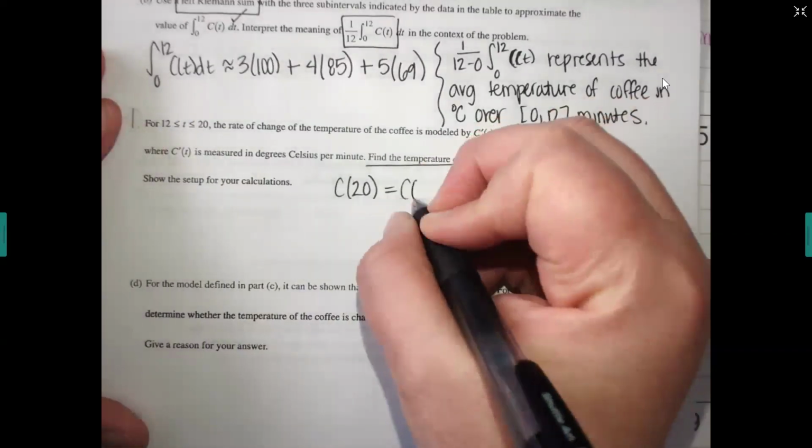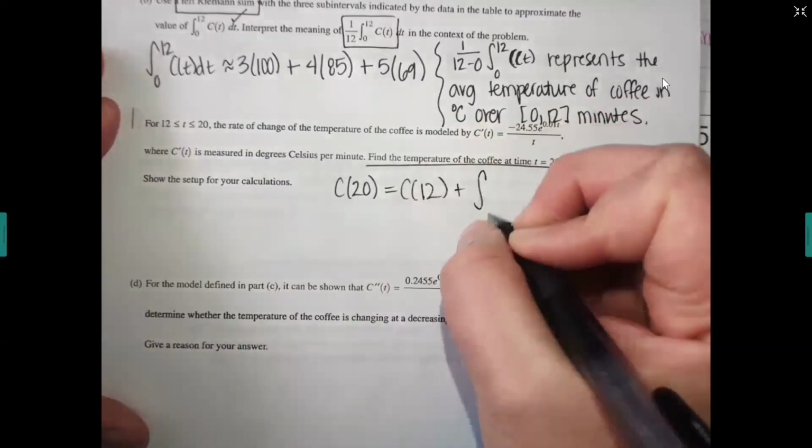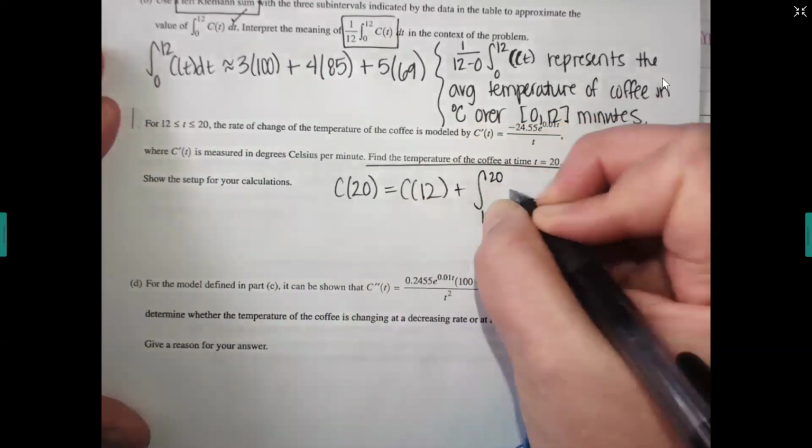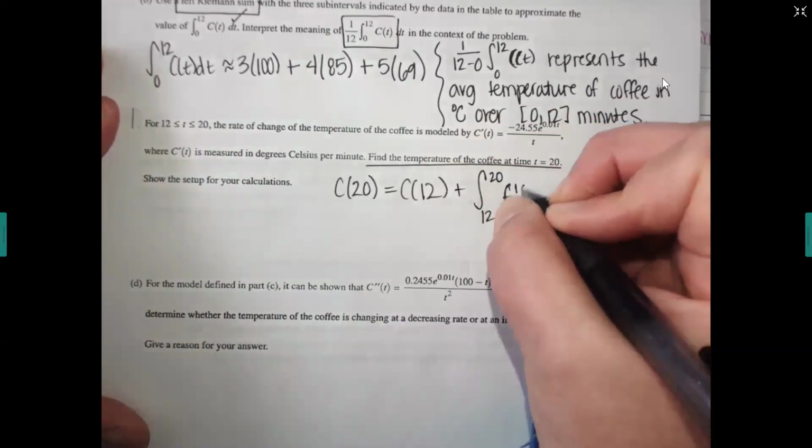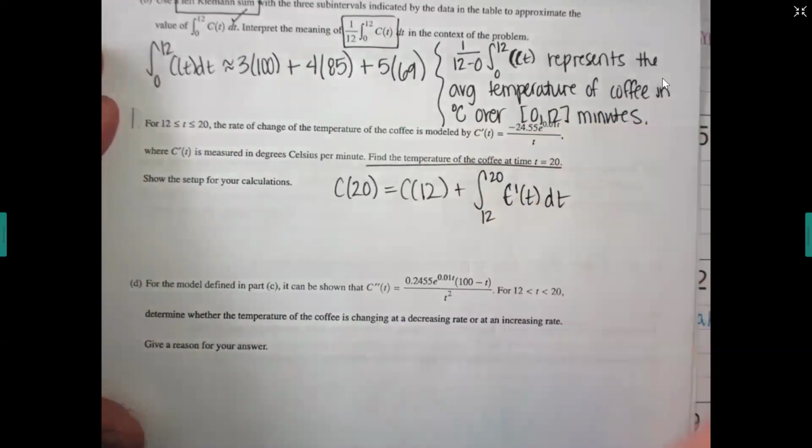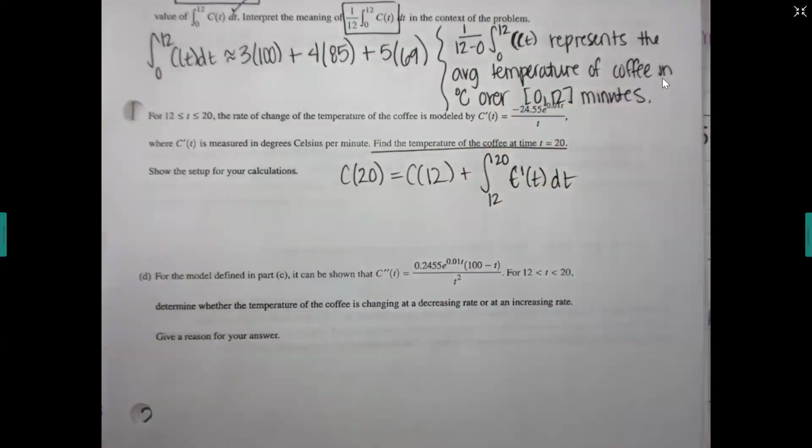So I'm going to put C of 12 and then integral between them. So I know the temperature of the coffee at 12, that's the end of my table, but then that's where my equation picks up that I can use it to bridge the gap from 12 to 20.